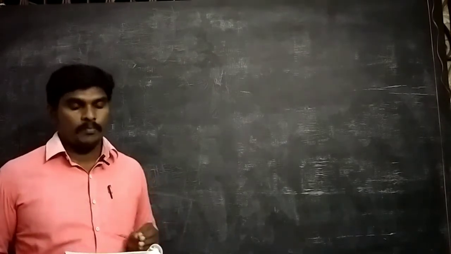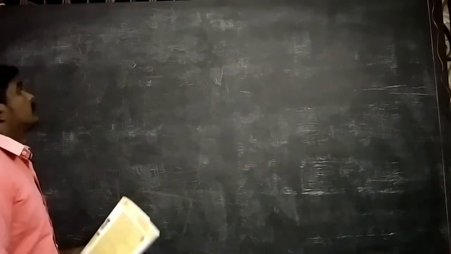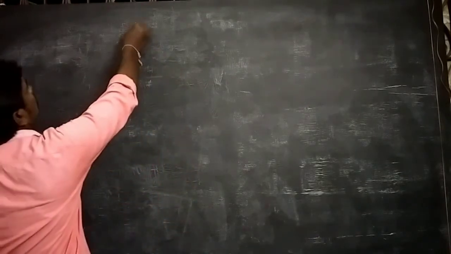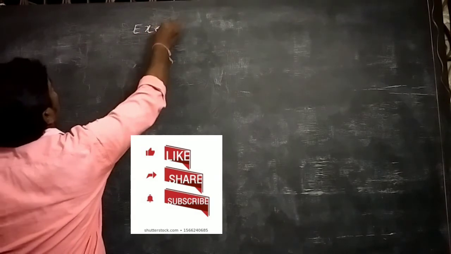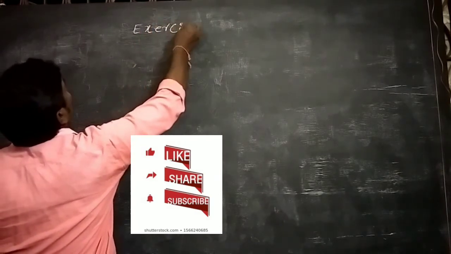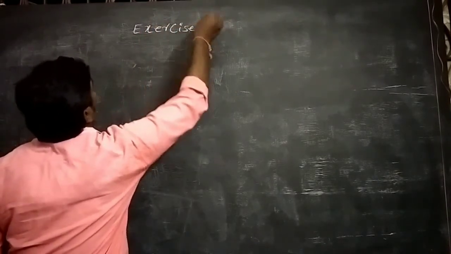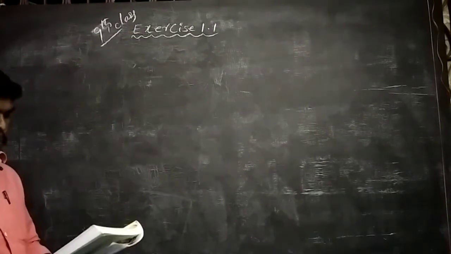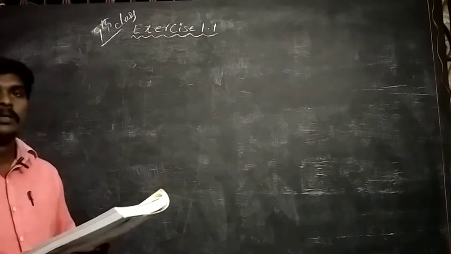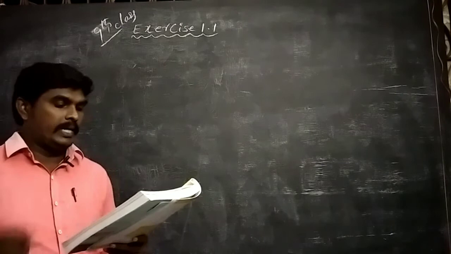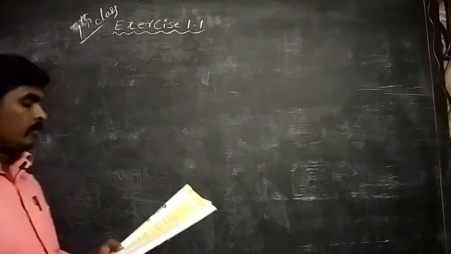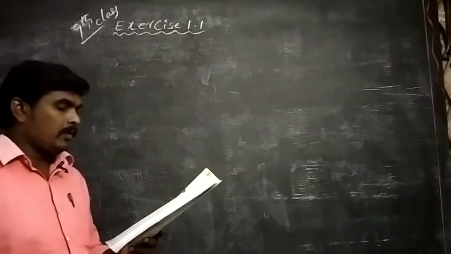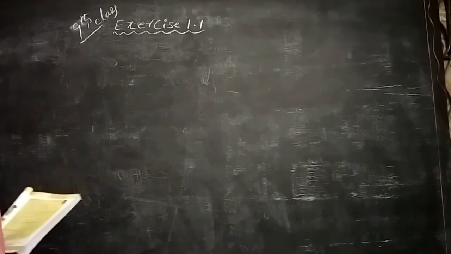Okay, so I am reading the 7th Roman heading. Here in the 7th Roman we have 4 sums in total. Those 4 sums I will explain first of all.